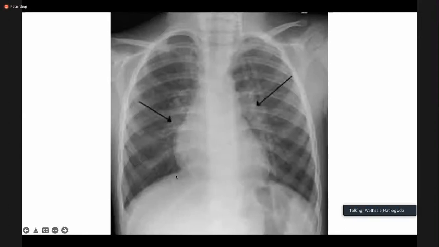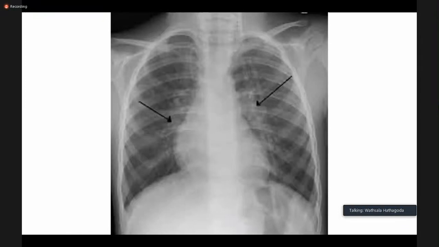You can also see a flattened diaphragm, not as bad as in asthma, but due to overinflation. You can see horizontal ribs, and if you count, more than 8, flattened ribs. So you won't see anything other than very non-specific findings in bronchiolitis.